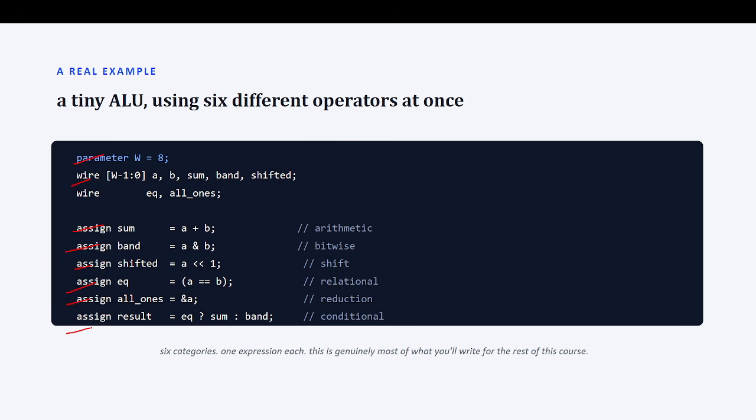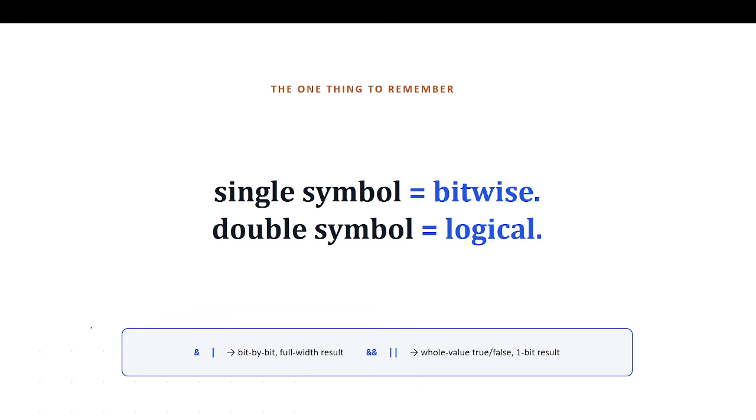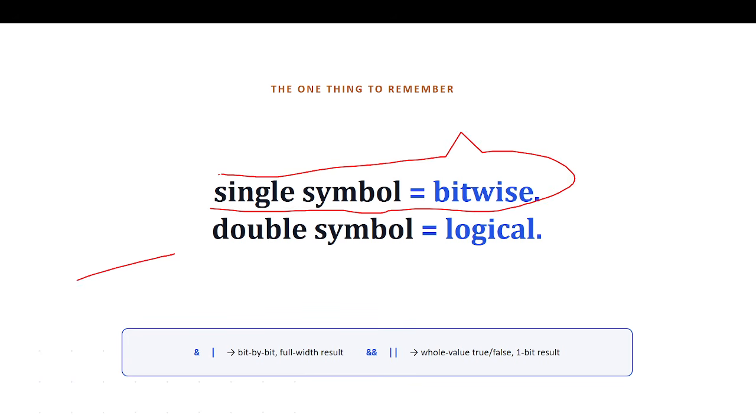you will encounter. Before we close today's session, I want to leave you with one consolidated rule, something you can recall instantly during your lab exam, even under time pressure. Single symbol means bitwise. You have to remember this: single symbol, bitwise. Double symbol, logical.